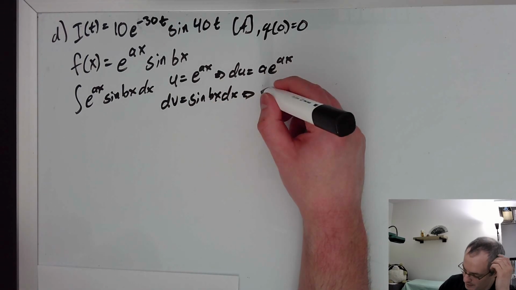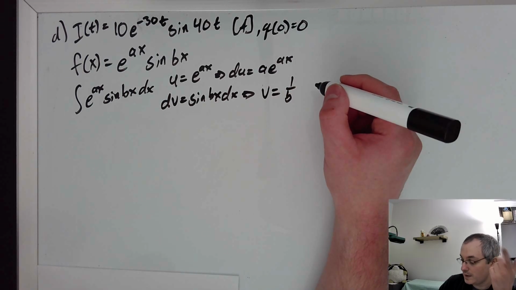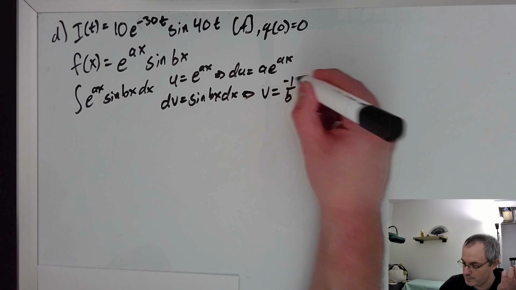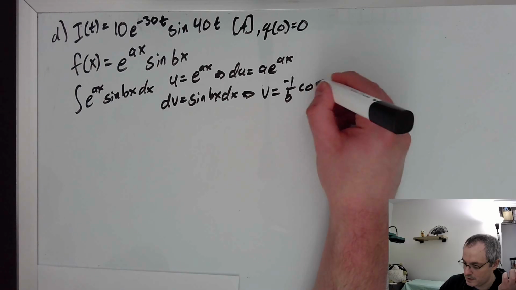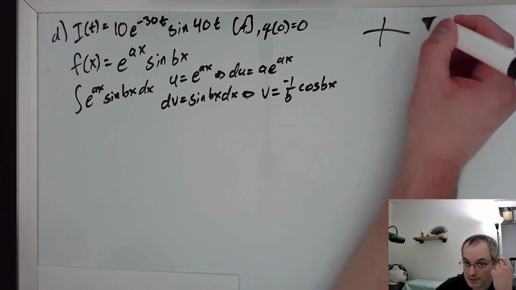Therefore, the integral of that, giving us v, would be equal to 1 over b. And I just did this on part C, right? So the integral of that would really be minus cosine bx, right? Let's double check that.